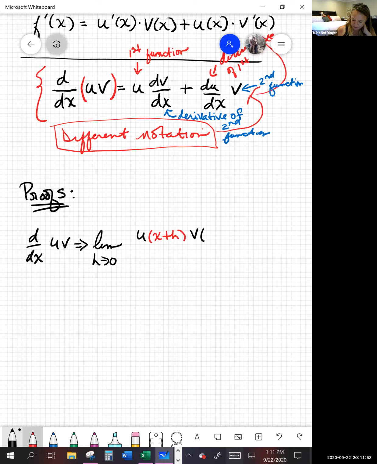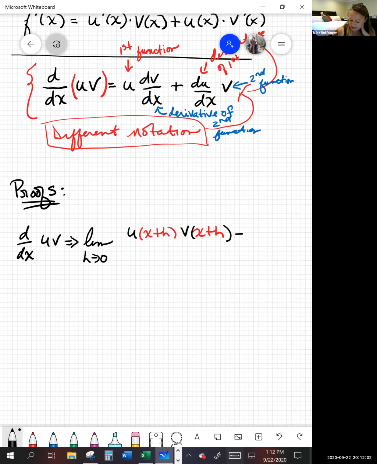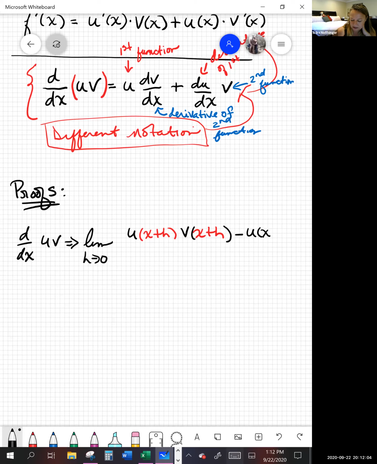So we're just plugging in x plus h wherever we see an x in our original function, minus the u of x and the v of x. Again, u of x and v of x are just functions, that's not u times x. That's why sometimes the book just uses u and v, but those are functions in terms of x, all over h.